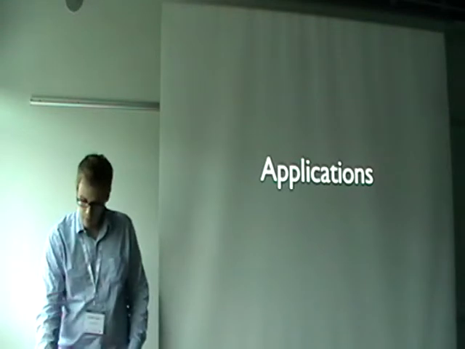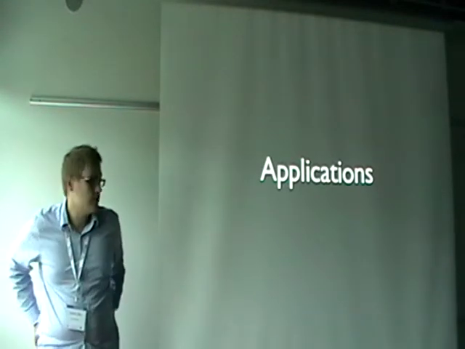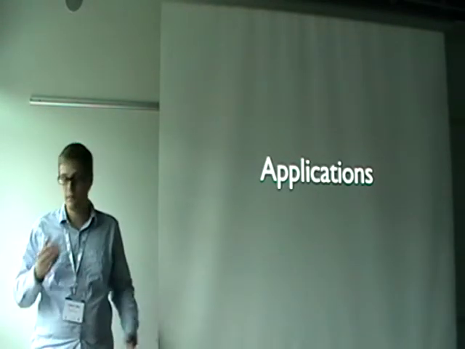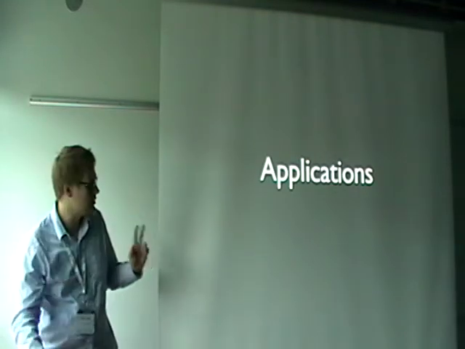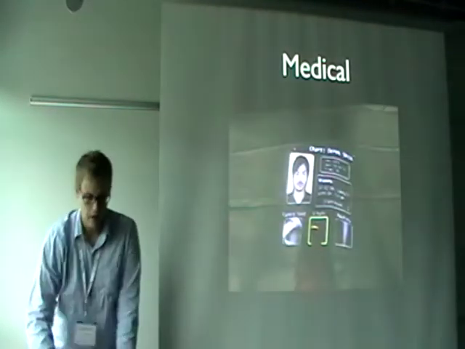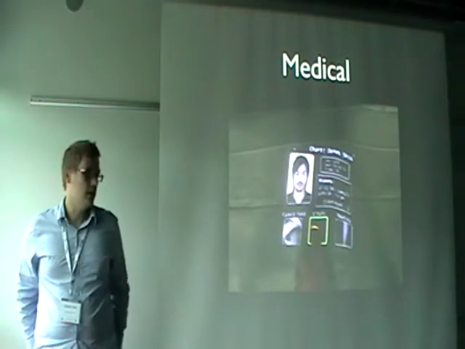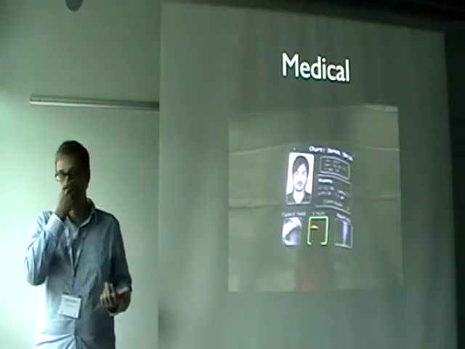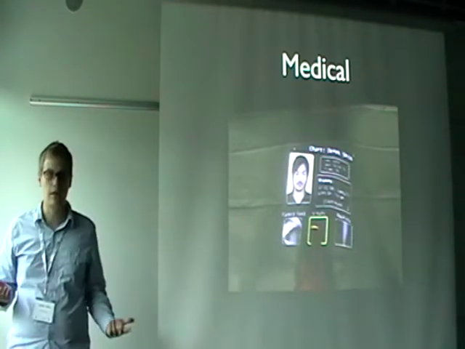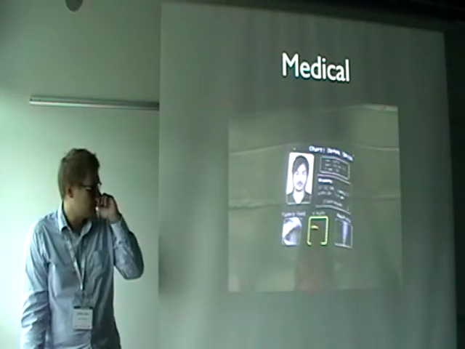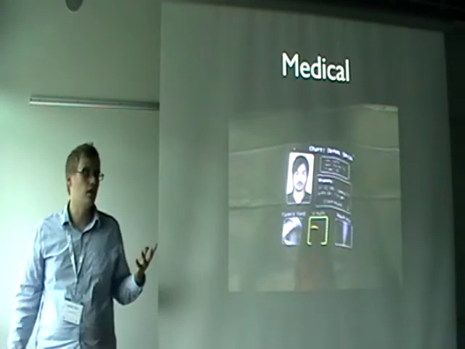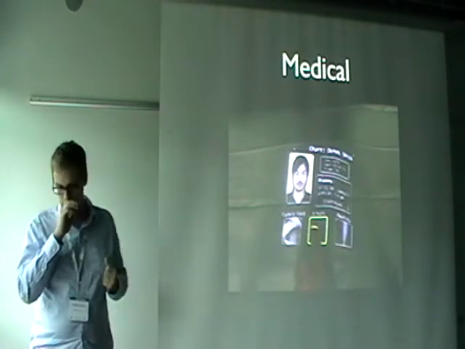And then what we did was we put together some applications where a cloth interface might be particularly useful, and I'm going to look at 2 of them really quickly. The first thing we looked at was in the medical domain. There's a lot of cloth in a hospital. There's surgical drapes and there's patient gowns and things like that. And so we tried to think of places where having an interface on this cloth could be useful.